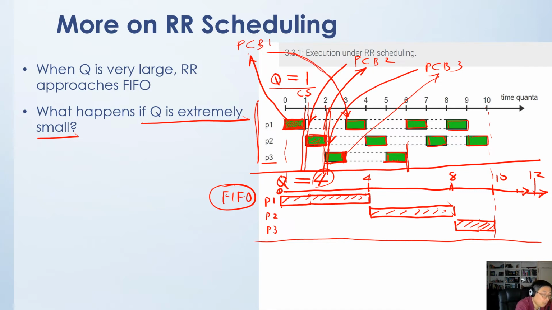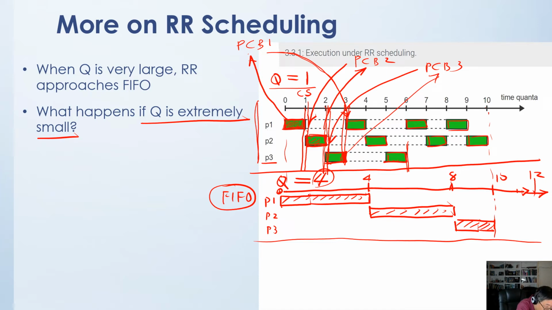So the context switching happens when the CPU switches from one process to the other. Now, in many cases, when we do the analysis, we tend to ignore the context switch time. Why? Because if the context switch time is extremely small, it's small relative to the time quantum.